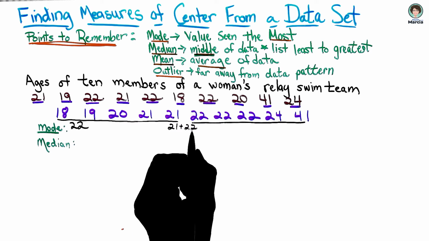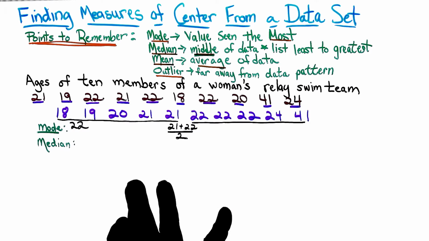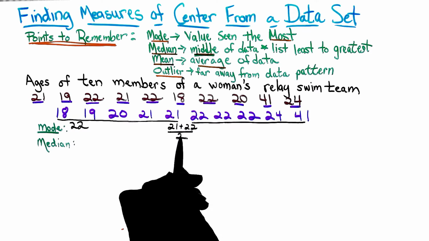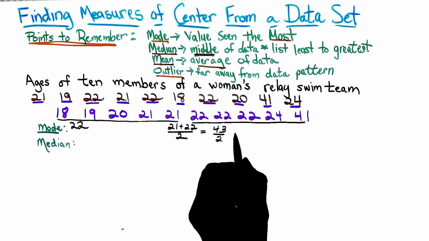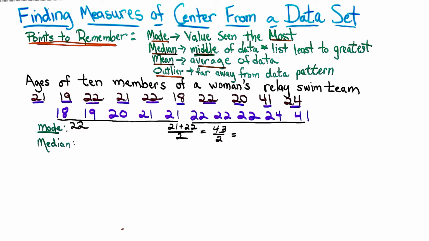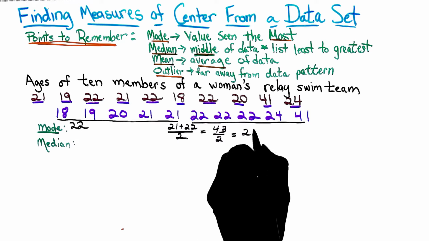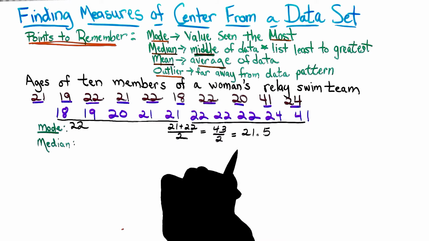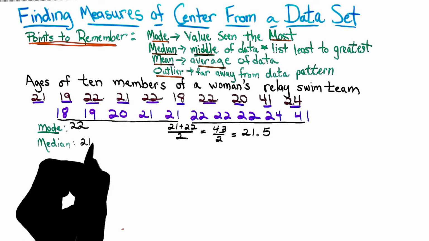This one is kind of easy to see, but I want to make sure in case the next one you do is not easy to see. When you add these two points together, you get 43, and then you divide it by 2. Our median for the ages is 21 and 5/10, or 21 and 1/2 years.